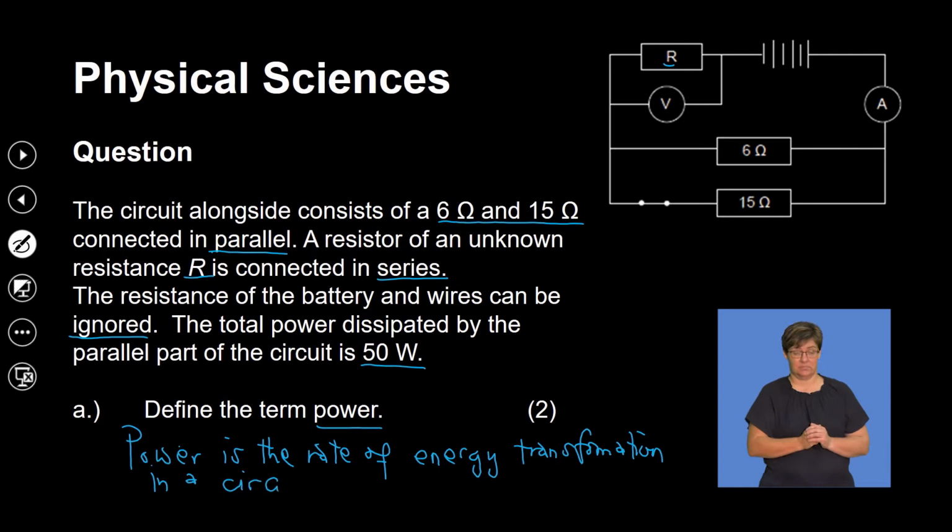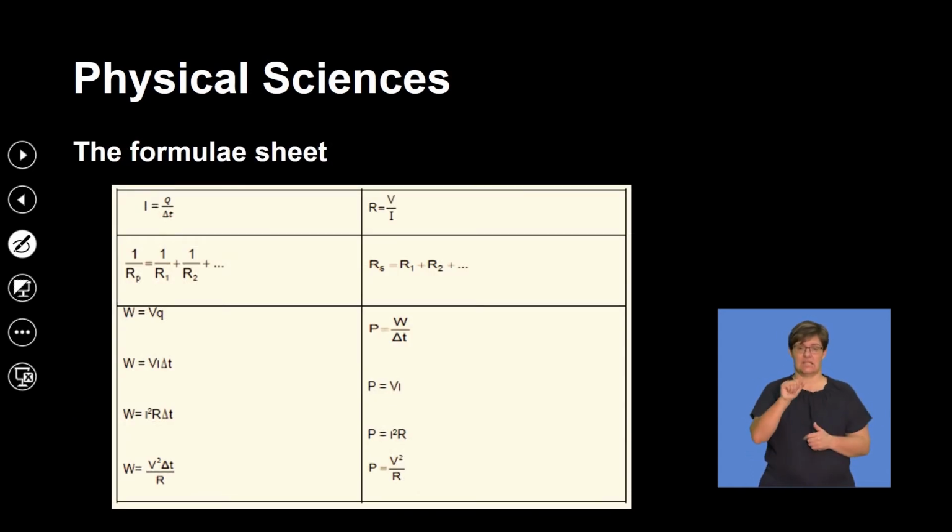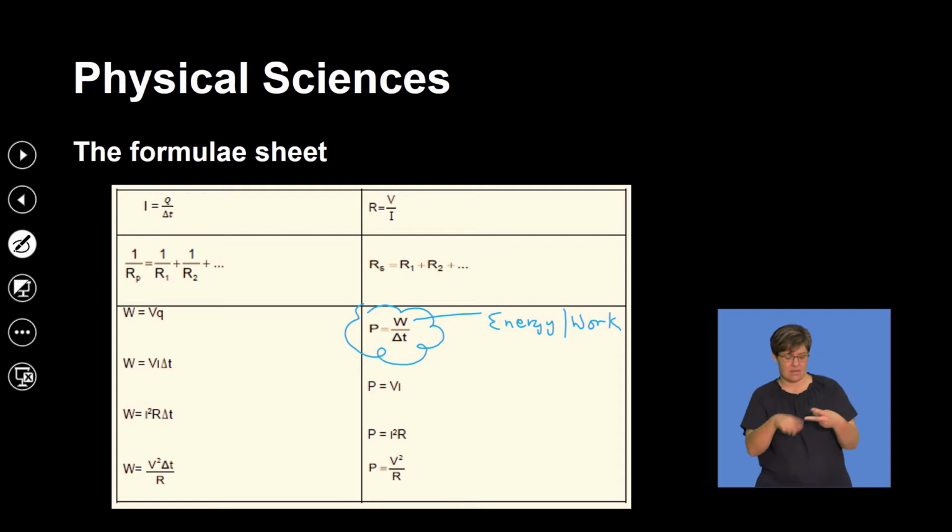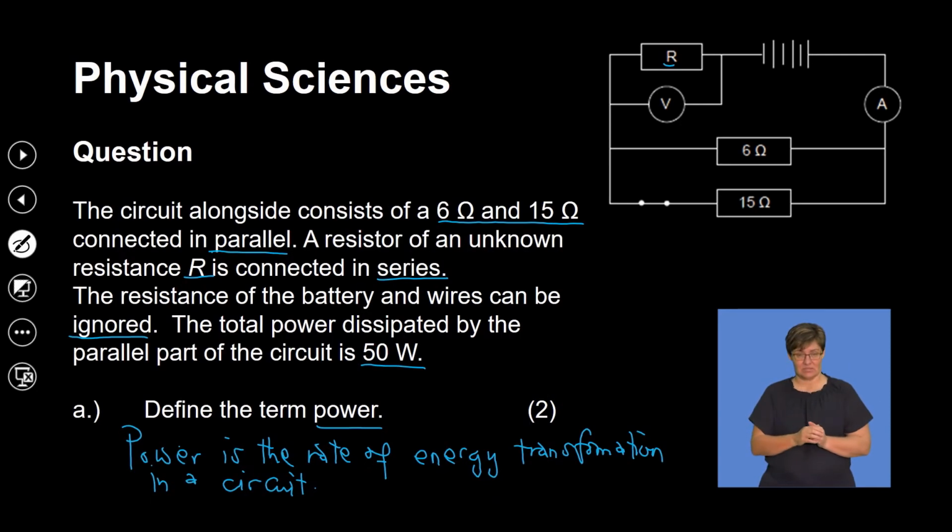So even if we go back to our data sheet, you'd realize that this is the power definition that we talk about. So W is energy or work, and then we also have time, and when we talk about time, we're talking about the SI unit, which is the second. So the data sheet becomes a valuable resource.